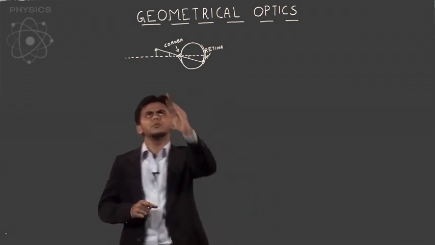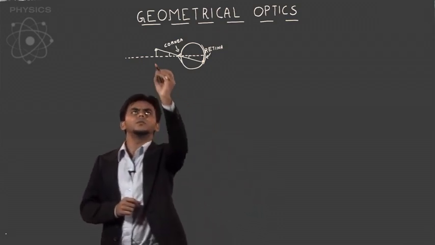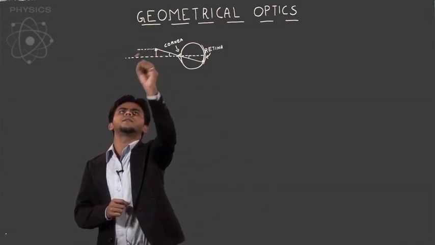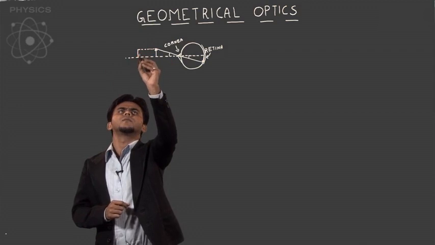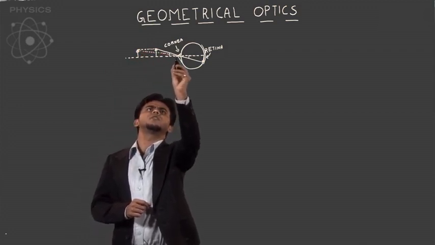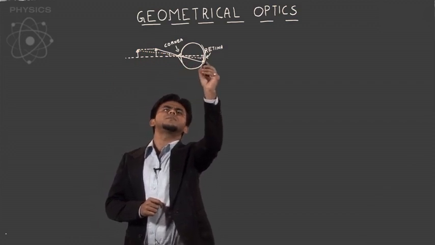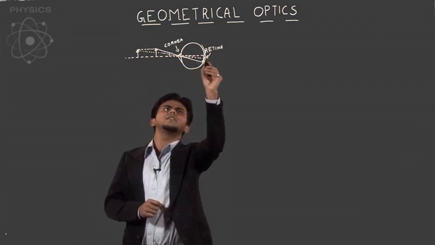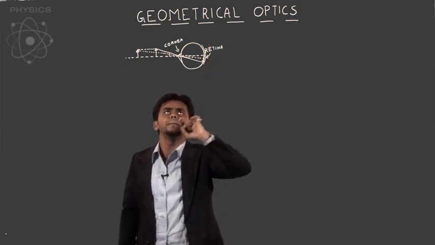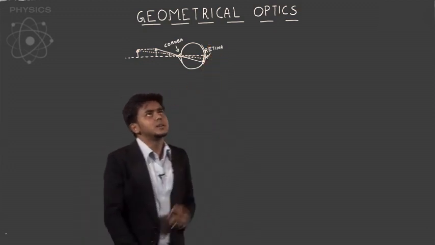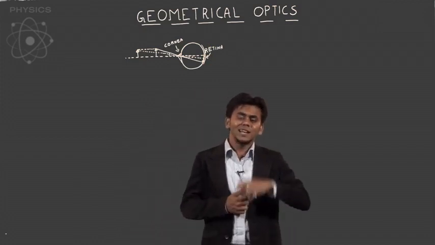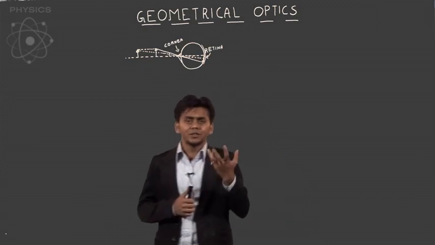Now, the same object, if you take it, let's say, far away, this object would now subtend a lesser angle and use a lesser space of the retina, which means a lesser angle corresponds to a lesser space on the retina.